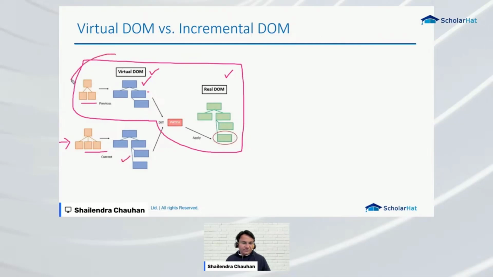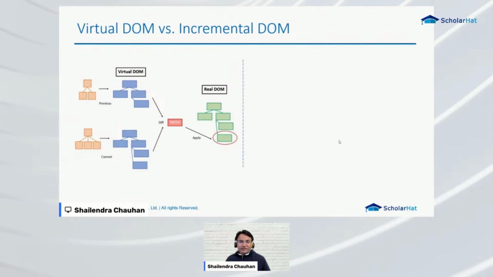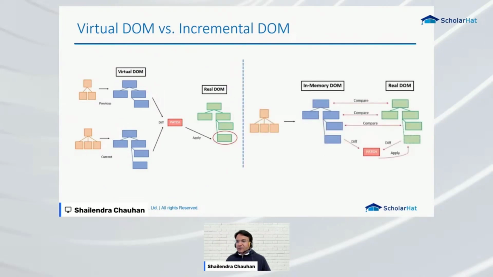Here, memory consumption is high when we are updating things in the case of virtual DOM. But if you look at the incremental DOM, we don't have two separate trees in the browser memory.